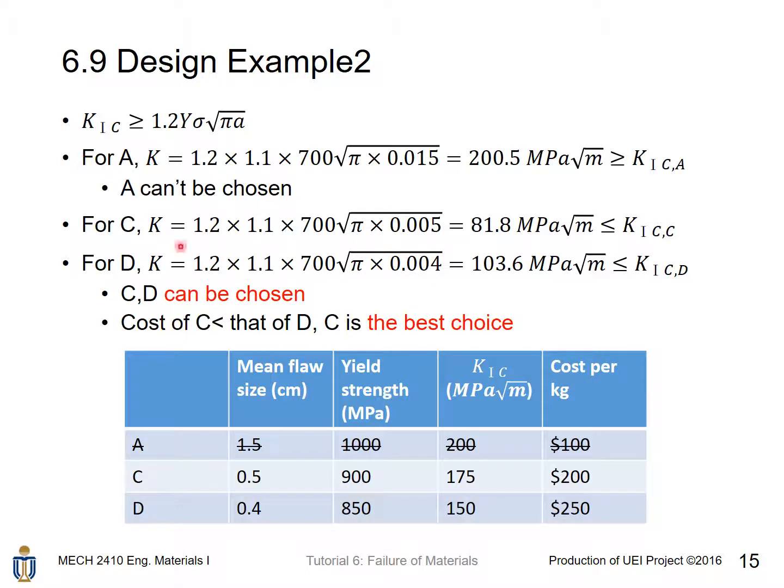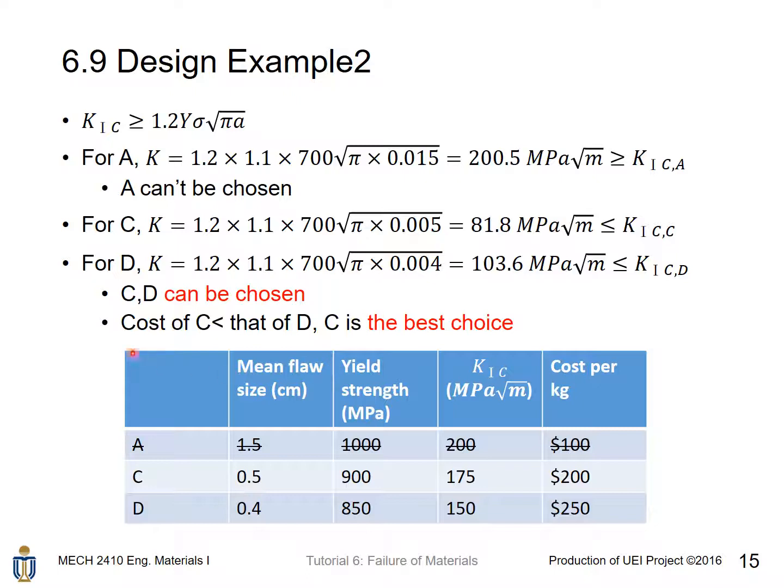However, for C and D, their fracture toughness is not exceeded by their stress intensity factor, and therefore C and D can be chosen.